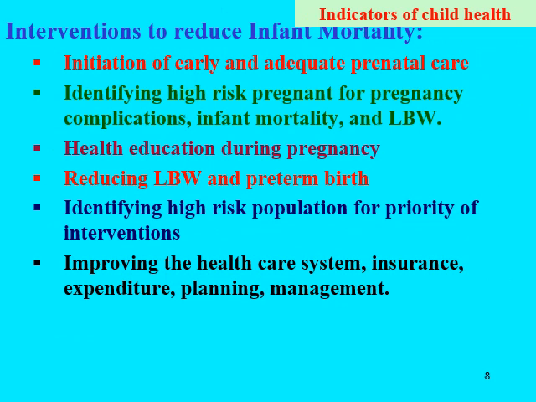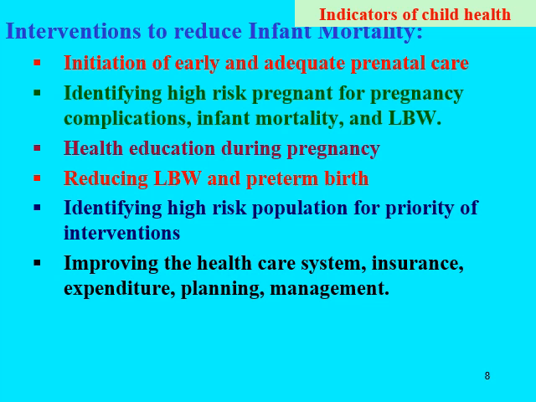Interventions to reduce infant mortality: initiation of adequate prenatal care, early and adequate, which is related to early initiation and an adequate number of visits. Identifying high-risk pregnancies or pregnancy complications, infant mortality, and low birth weight.